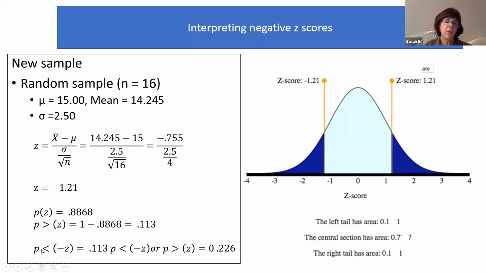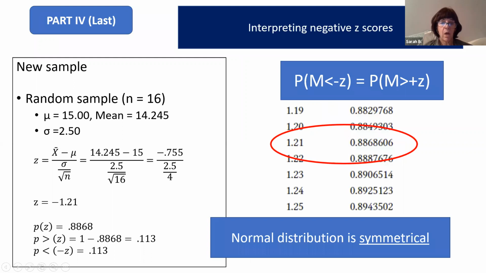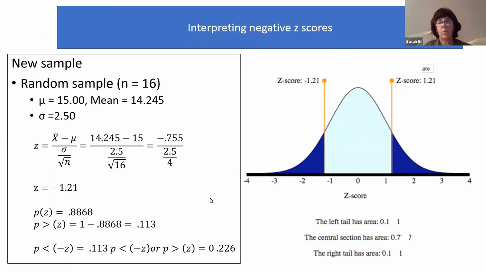So to find the probability of a score less than the negative value or greater than the positive value, you just take that 0.113 and double it. Okay, so one of them is just over to the left of negative z, 0.113. If you want to think about how much is in either this range or this range, it's 0.113 plus 0.113.